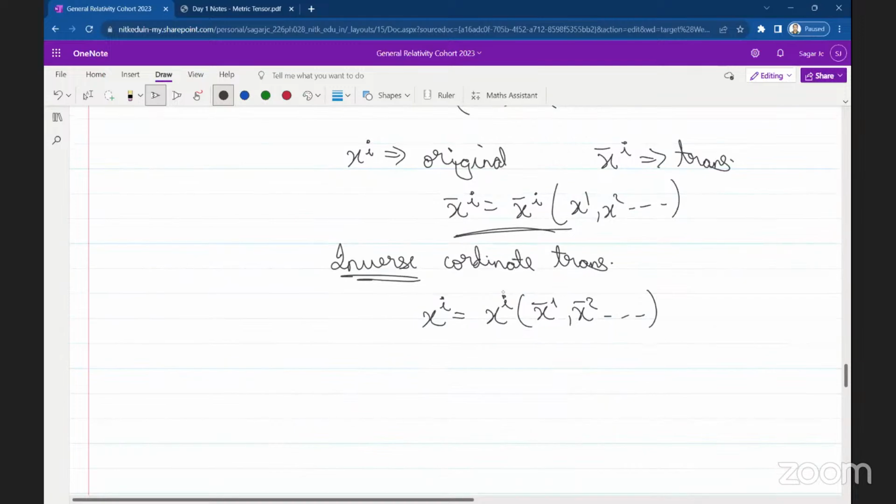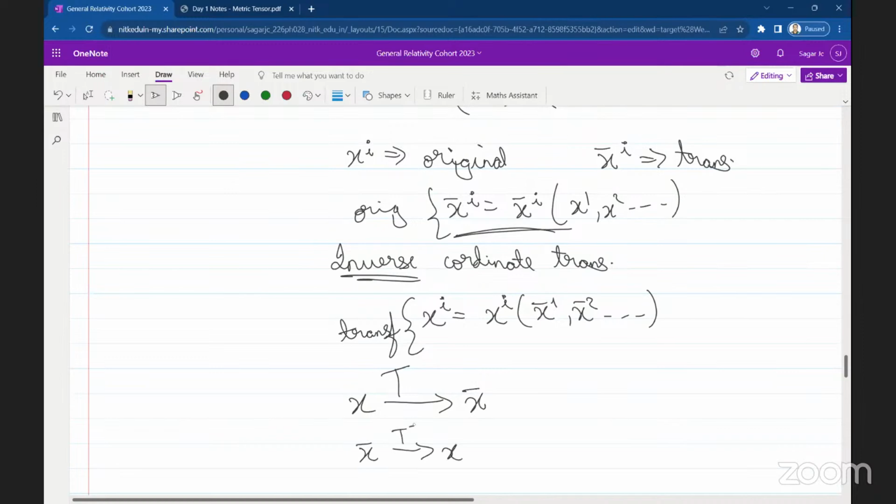Because of this inverse coordinate transformation that exists, I can choose x bar^i as original and put an inverse coordinate transformation and choose this as transformed. If x to x bar is some coordinate transformation T, I can also write x bar to x as the inverse coordinate transform T inverse.